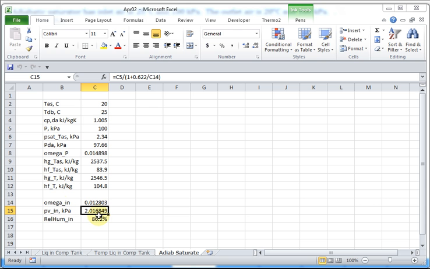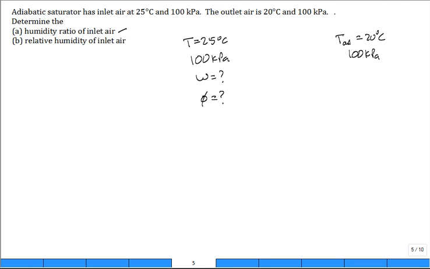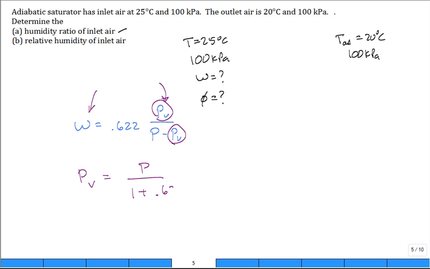And then what about the vapor pressure coming in? Well, you can unravel the equation for omega. Let me jump back to here. So we found that omega is equal to 0.622 PV divided by P minus PV. True? Well, if you know omega, you now can calculate PV. It's here and here in the equation. This is P total, 100 kilopascals. So PV is equal to total pressure over 1 plus 0.622 divided by omega.